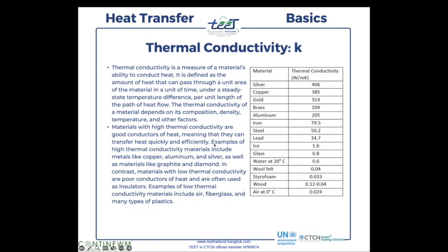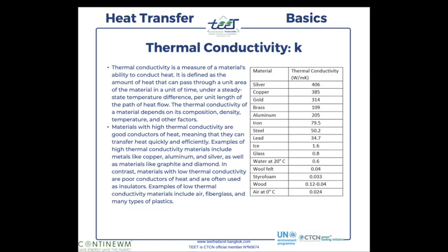On this table, you have some examples of the thermal conductivity K for different materials. So you have, from the best, silver, copper is one of the best as well, gold, and then you go back, you have glass. Glass is not conducting heat very well, and water, wood is a good insulator.